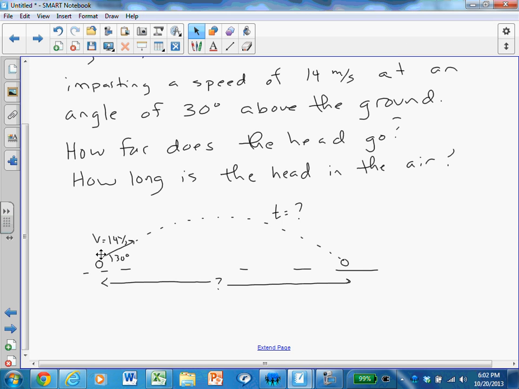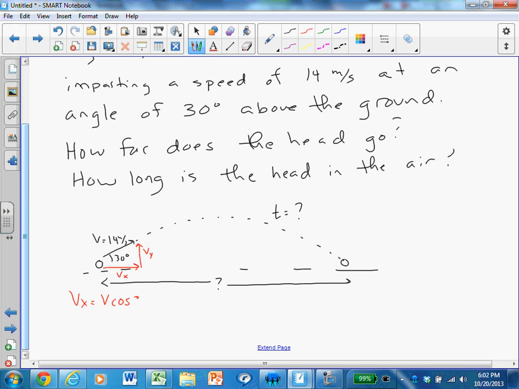Well, to do this, the first part you have to do is you have to find the Vx component and the Vy component of the velocity. And Vx would be the cosine theta, which would be 14 meters per second times the cosine of 30 degrees.